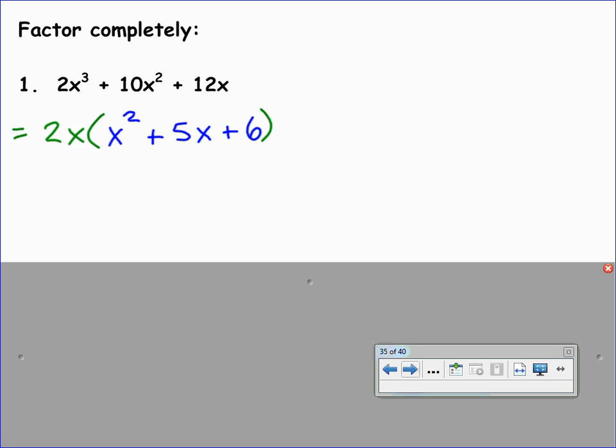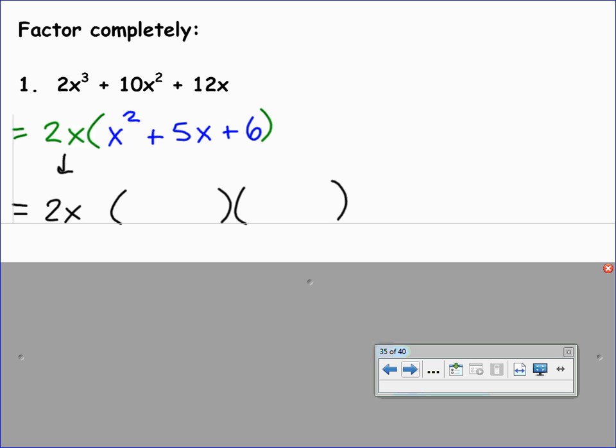But that's not all. I'm not going to stop here. I'm going to see if I can factor that blue trinomial into a product of two binomials, my favorite kind. So I'm going to keep that 2x. If it was hiding in my original terms, it's still going to be part of my answer.